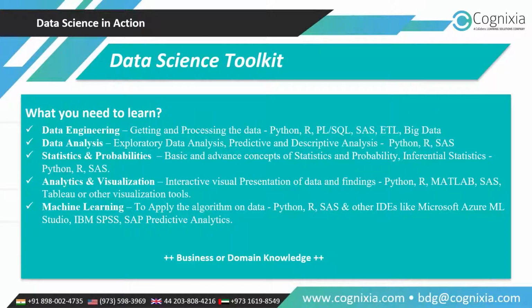Next comes analytics and visualization. This is about the output part of the data science or machine learning project. When you work on a project, you work on modeling, you work on predictions, and finally you get the predictions. Then you would like to represent your findings and predictions in the form of visual analytics, in the form of charts and dashboards.